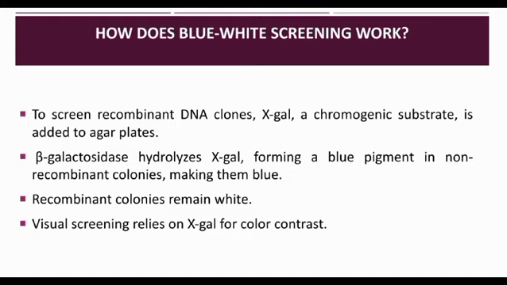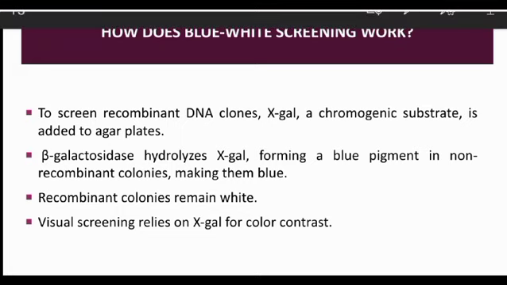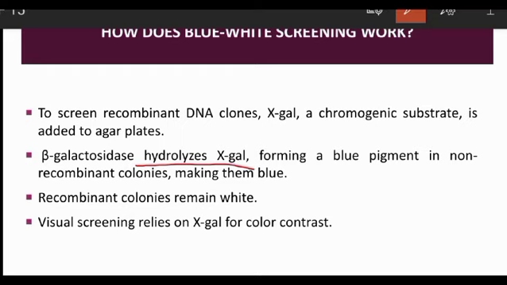So here is the basic working principle of blue-white screening. To screen recombinant DNA clones, X-gal, a chromogenic substrate, is added to agar plates. So the beta-galactosidase, an enzyme that is present in bacteria, will hydrolyze the X-gal and form the blue pigment in non-recombinant colonies.